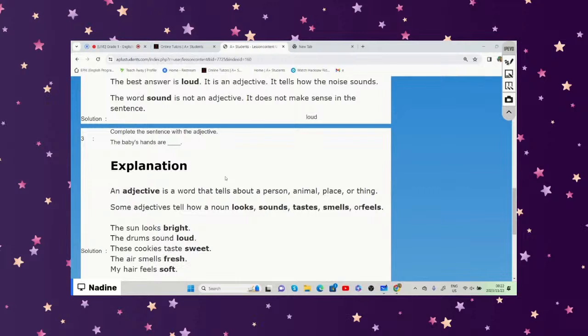All right, the baby's hands are... If we describe the baby's hands based on how they feel, how would you describe them?